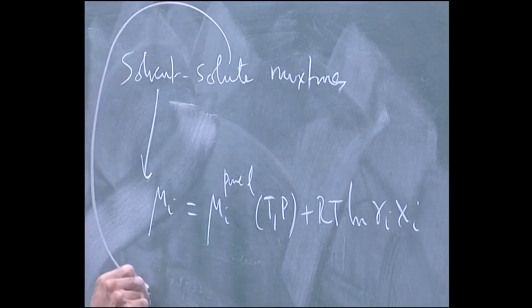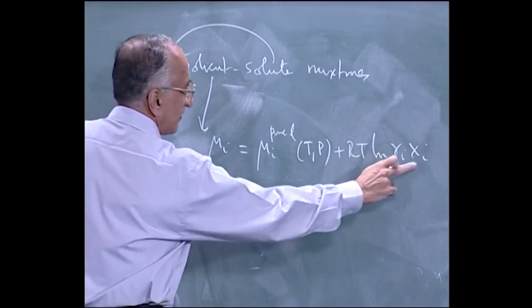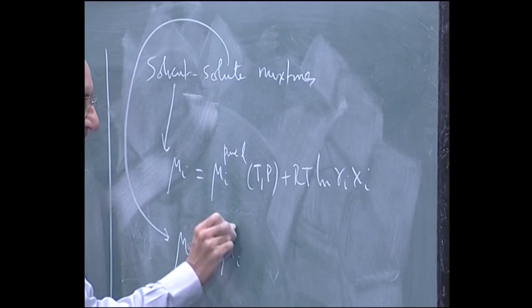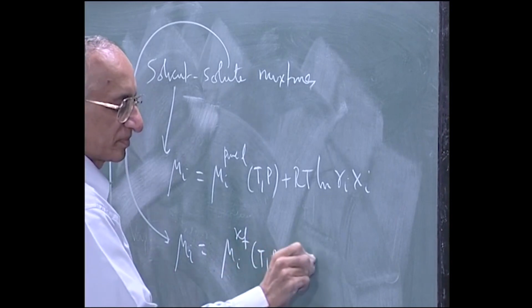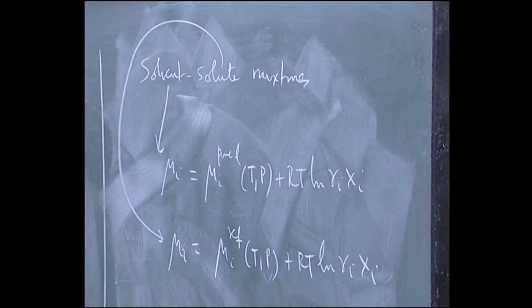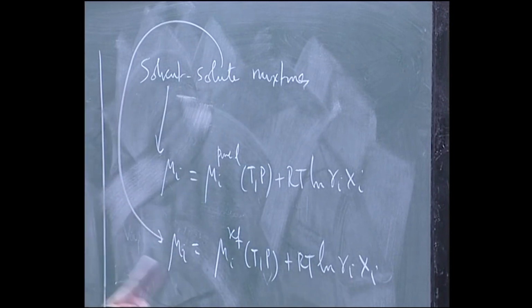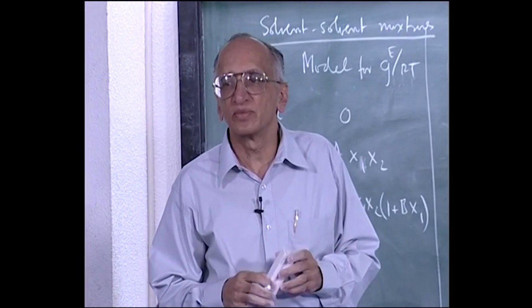For solute mixtures, I still have log Xi as an ideal solution and simply write mu I reference, but for the solute the physical state that I can realize is between Xi equal to 0 and Xi equal to saturation value.